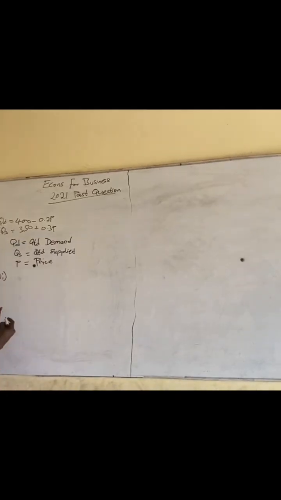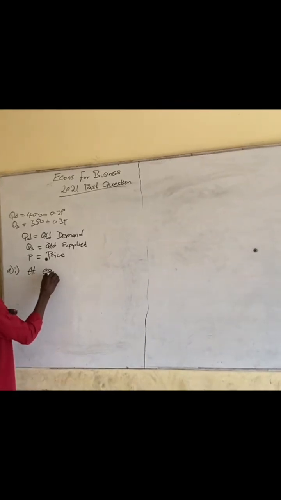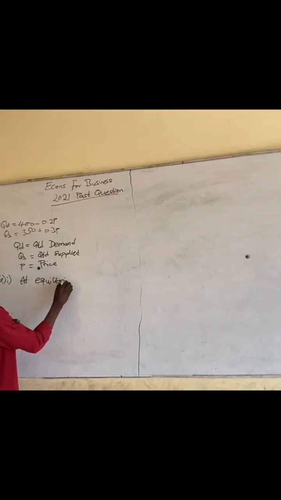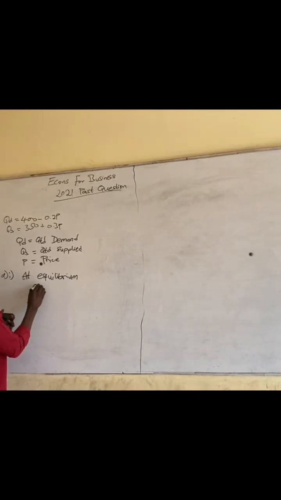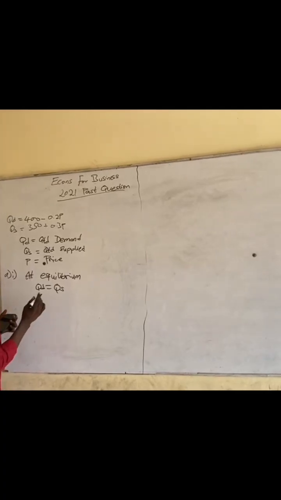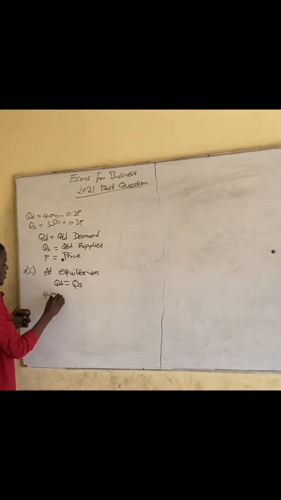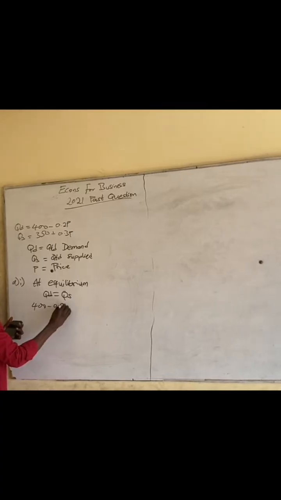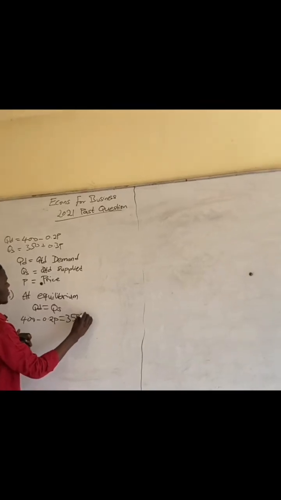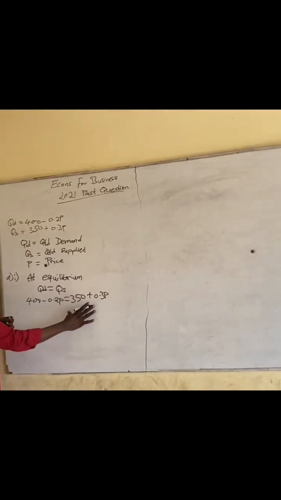So you state that at equilibrium, quantity demanded equals quantity supplied. When you equate them, we have 400 minus 0.2P equals 350 plus 0.3P. Now we are done equating.